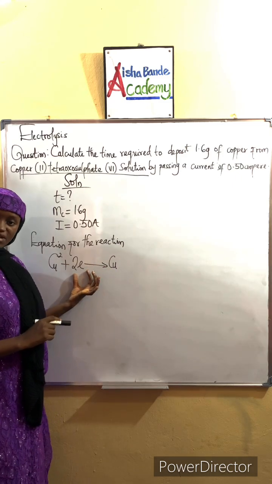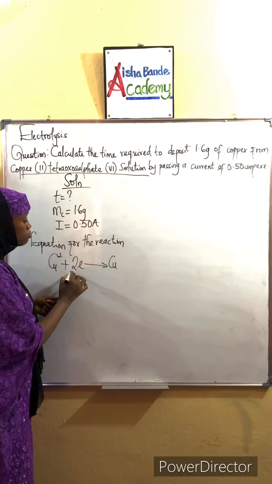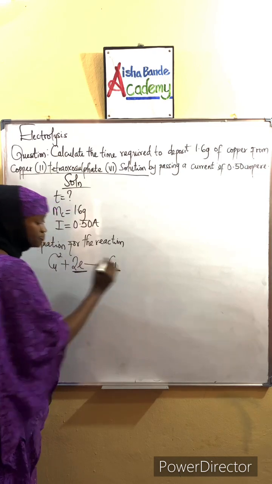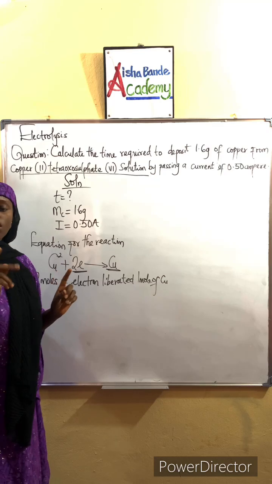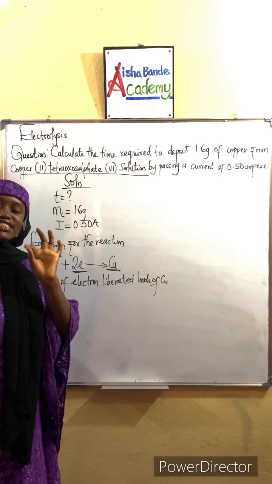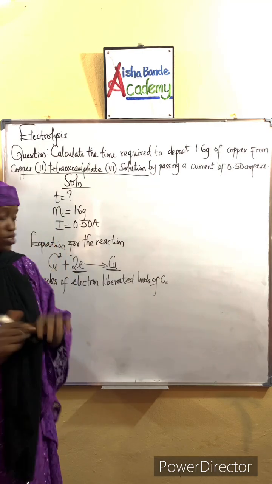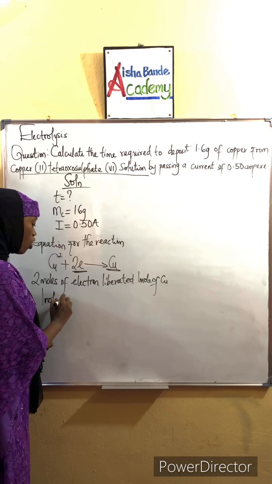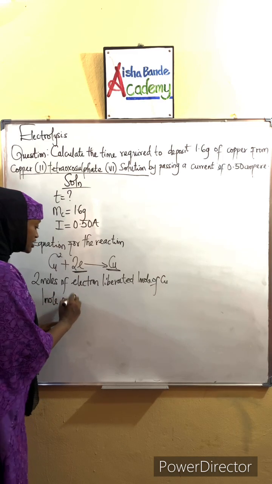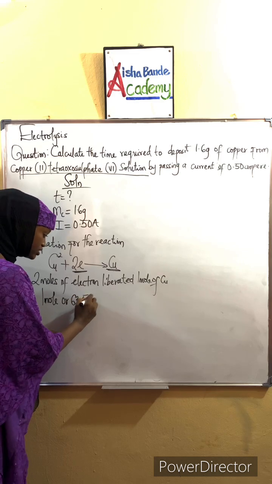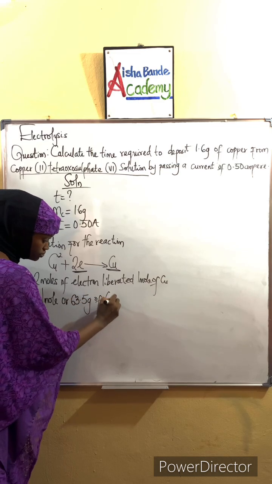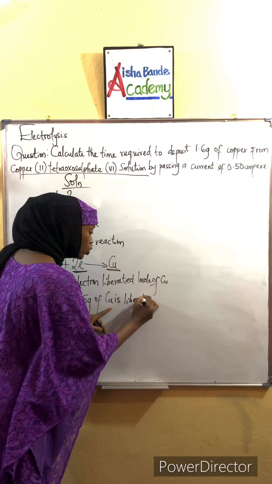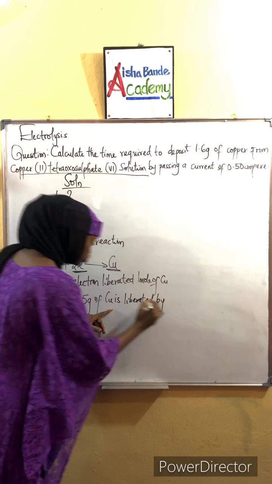From this chemical equation, we can see that 2 moles of electrons liberate 1 mole of copper. Copper has a mass of 63.5 grams. So from here, we say that 1 mole or 63.5 grams of copper is liberated by 2 moles of electrons.